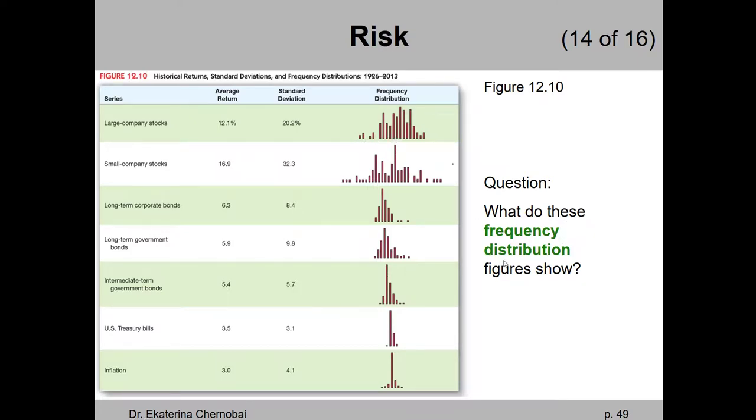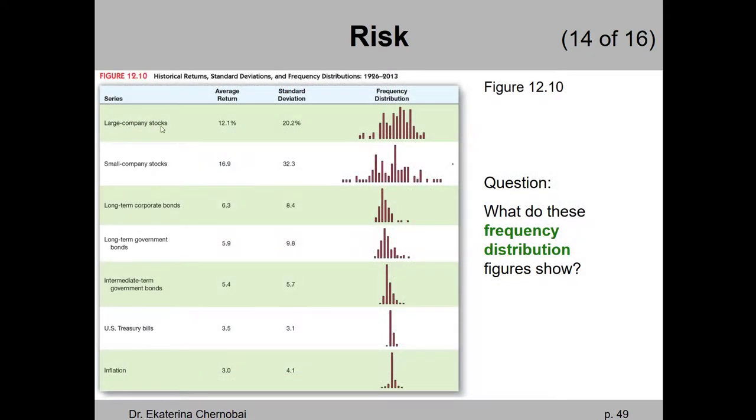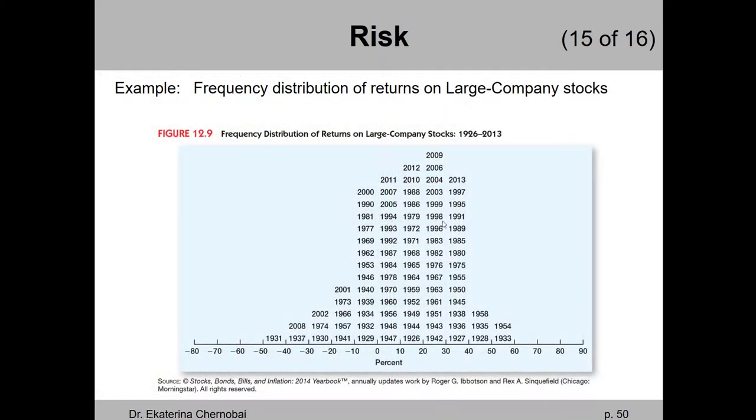What do the frequency distributions show? Let's pick an example: large company stocks. In our table, that's number 1, the first row. We are essentially saying something like this.